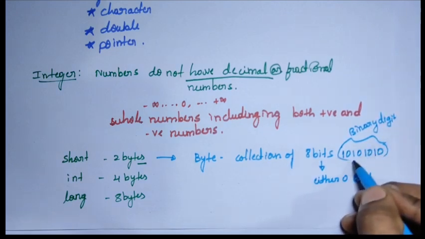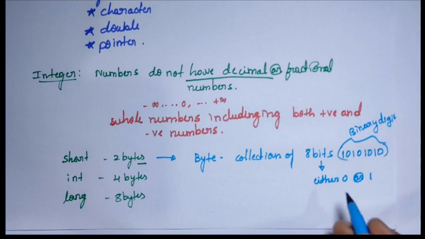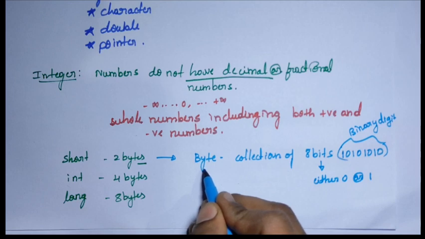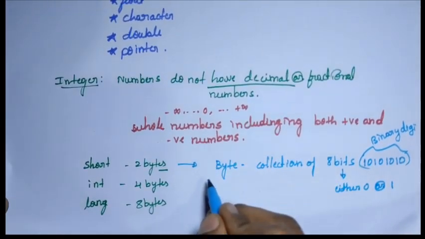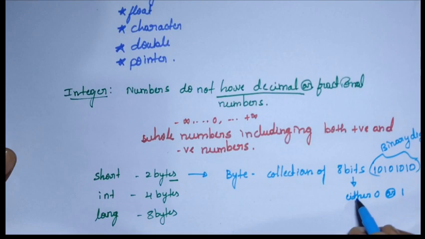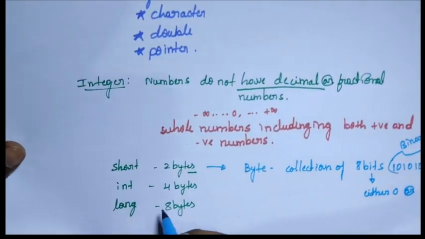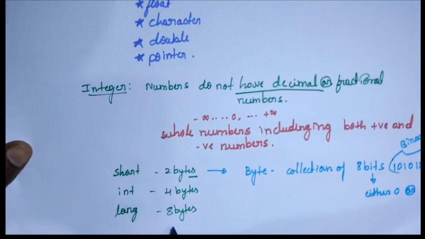Each value is known as a bit, and a collection of 8 bits is known as a byte. Here we are representing the memory, the size of memory and how it will be allocated. Int has 4 bytes and long has 8 bytes.